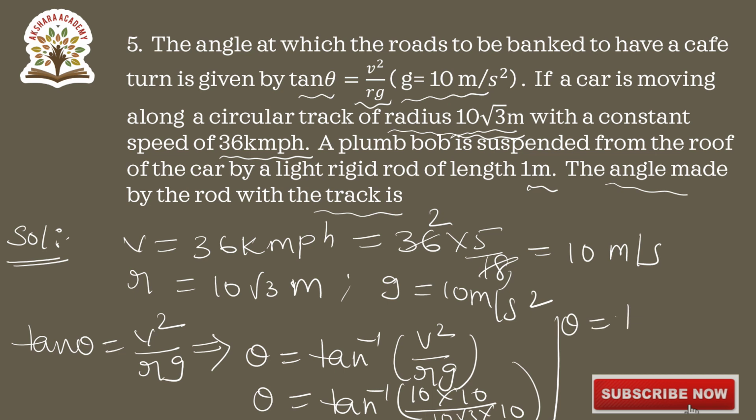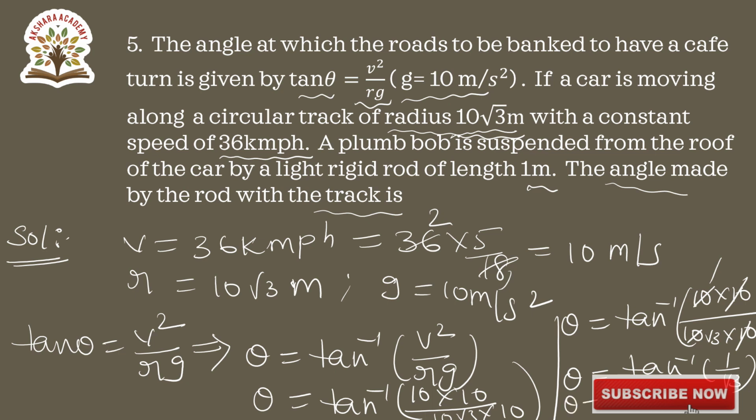Theta is equal to tan inverse of 10 into 10 by 10 root 3 into 10. 10 is nothing but r value, this is the g value. Here 10 cancel, here 10 also cancel. So theta is equal to tan inverse of 1 by root 3.